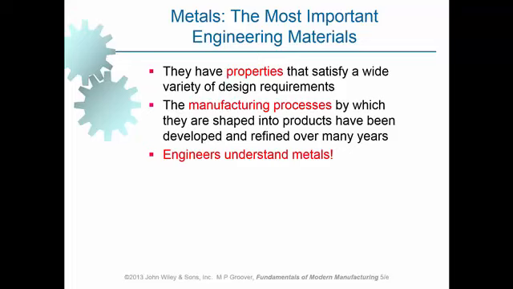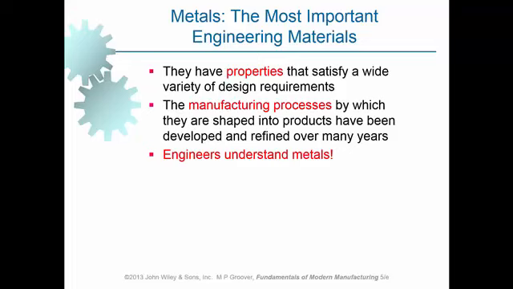And eventually we can say that engineers understand metals. What is meant by this? Let's take a look at our own knowledge. If we want to list the properties of different types of engineering materials, that includes metallic materials and non-metallic materials, for which one can we actually provide a better description of the properties?